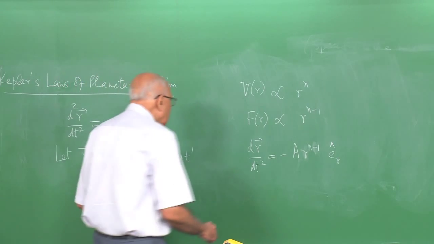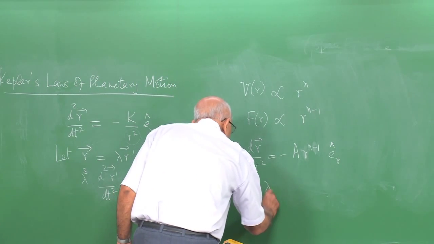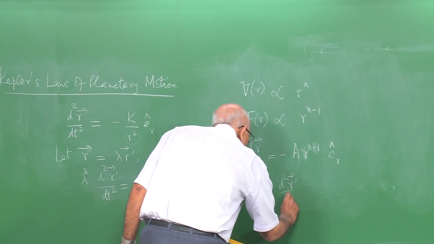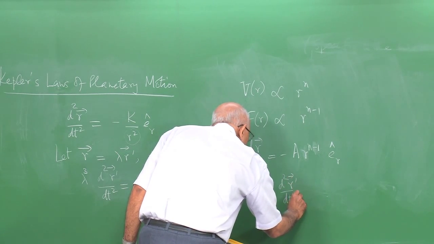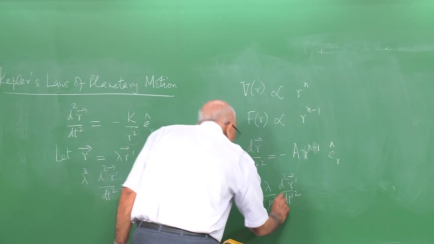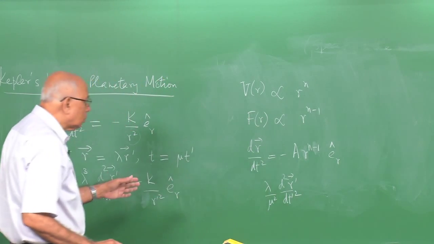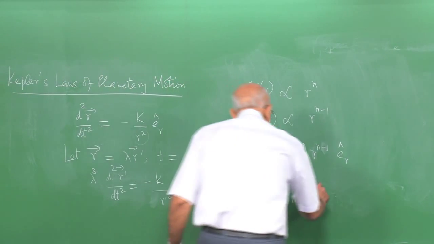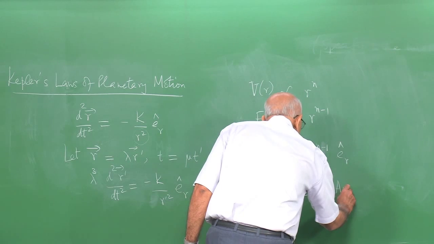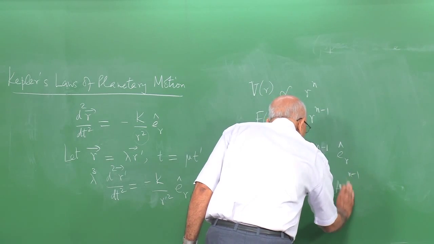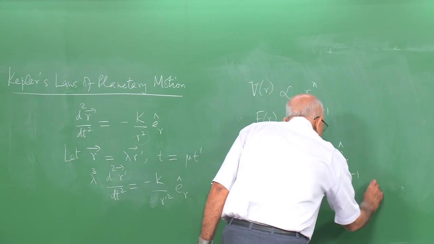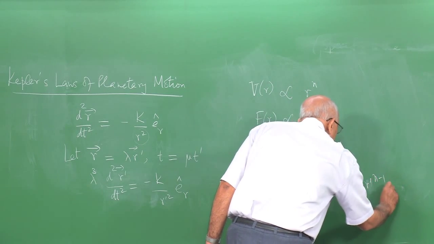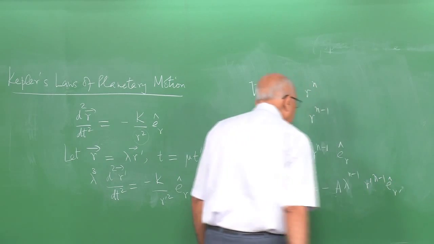Then lambda times d2r prime over dt prime squared, and again you get a mu squared because I change from t to mu times t prime, I set t equal to mu times t prime, is equal to minus a lambda to the n minus 1 times r prime to the n minus 1 e sub r.